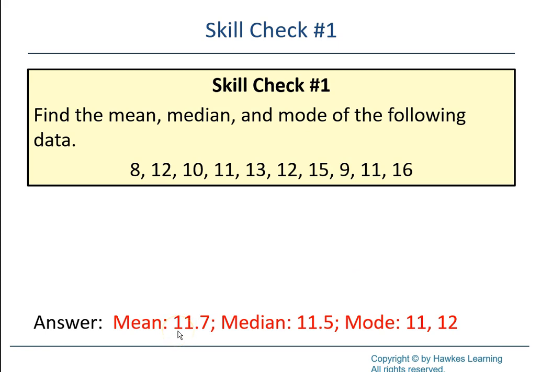So the mean then would be 11.7. But our median, and we got 2 11s in the middle, we had to add them together and divide by 2, so it gave us 11.5. And our mode, it's bimodal. We have an 11 and a 12.